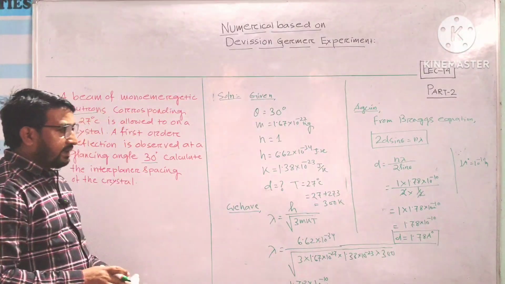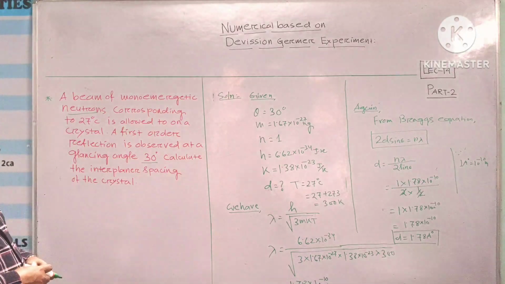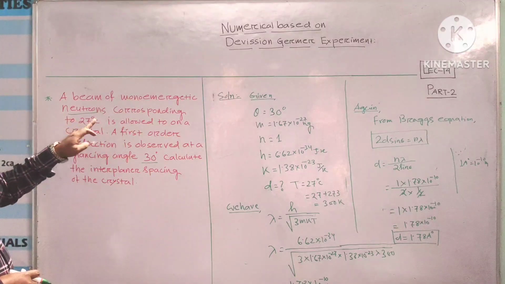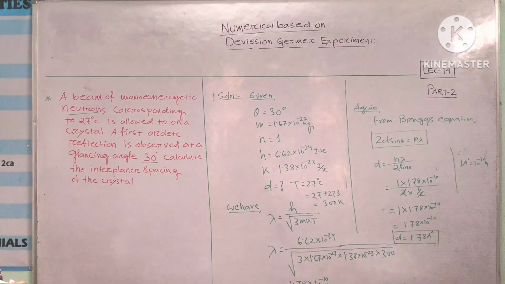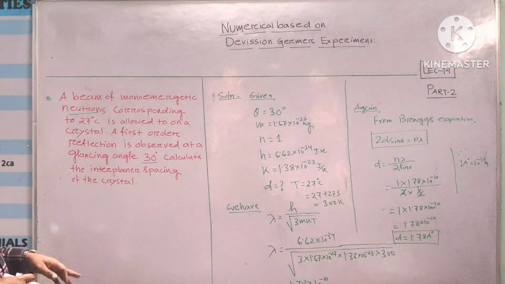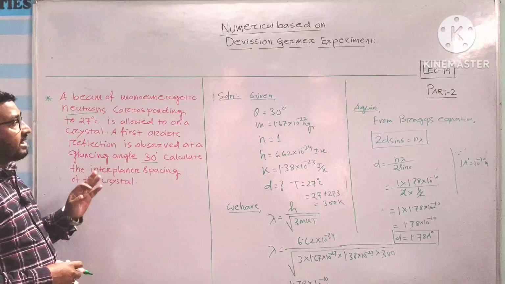For your better understanding, I am going to repeat it once again. The statement of this question is like this: a beam of monoenergetic neutrons corresponding to 27 degrees Celsius is allowed to fall on a crystal. A first order reflection is observed at a glancing angle 30 degree. Calculate the interplanar spacing of the crystal.